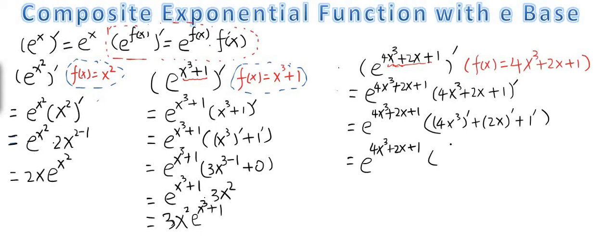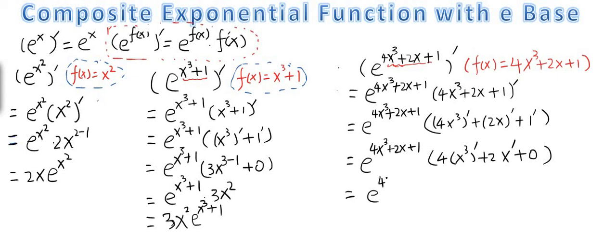The derivative of 4x cubed is going to be 4 times the derivative of x cubed, and for 2x it's 2 times the derivative of x, and the derivative of 1 is what? It is 0, right? It's a constant. The derivative of a constant equals 0.